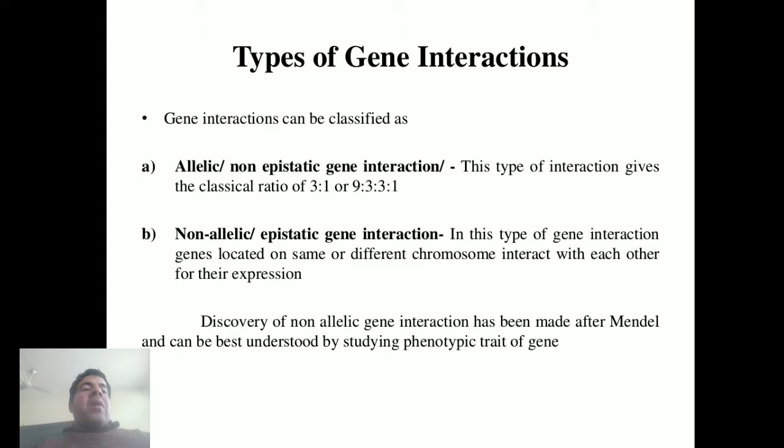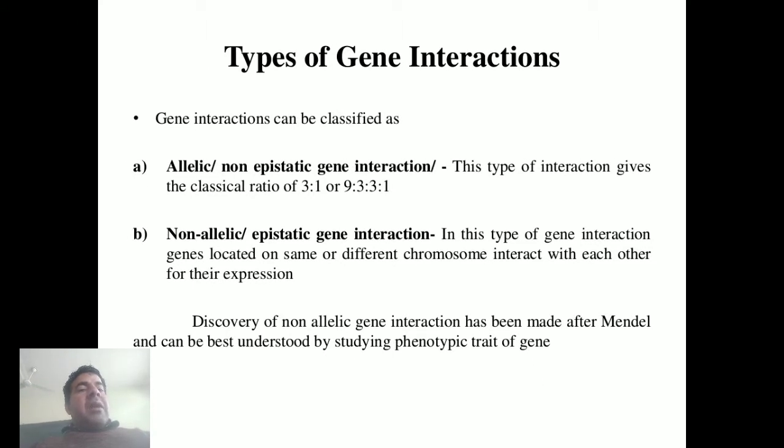This type of gene interaction gives the ratio 3:1 in a monohybrid cross and 9:3:3:1 in a dihybrid cross, and this allelic ratio is known as Mendelian, also considered gene interaction. Next, the second one, non-allelic epistatic gene interaction.